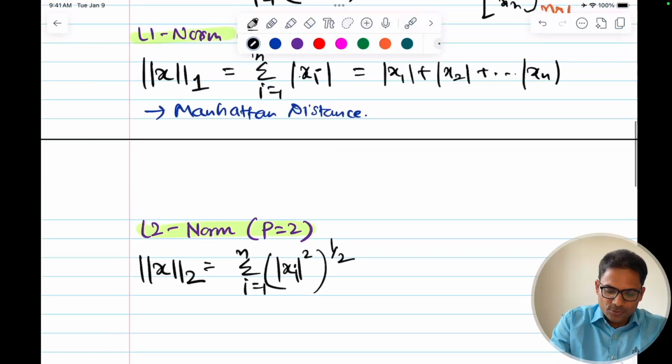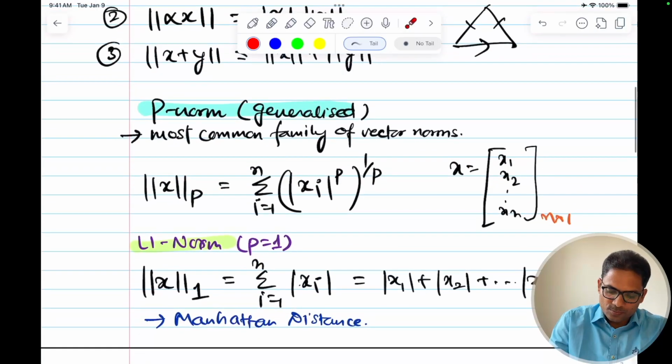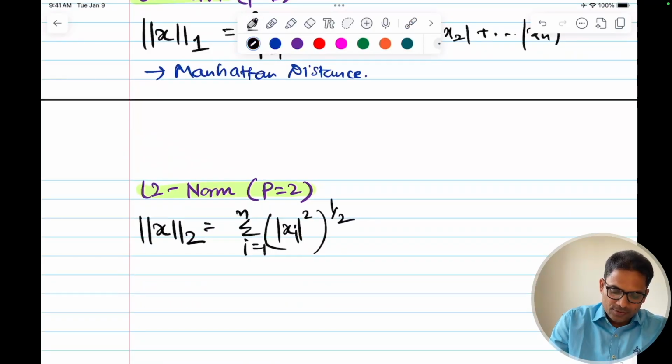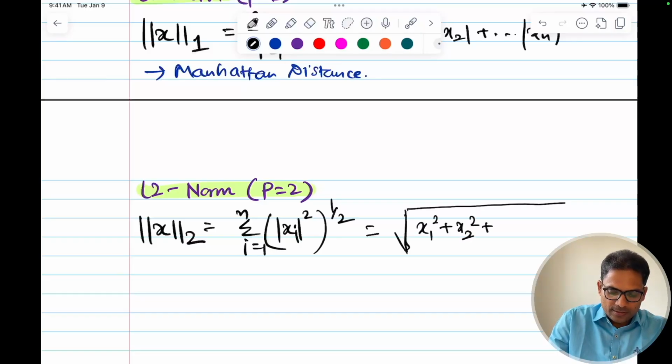I have substituted p with 2, so the power is now half. Half is a square root, and each term is x1 squared, x2 squared, like this till xn squared.